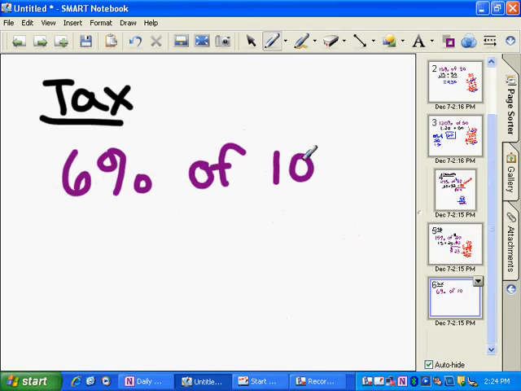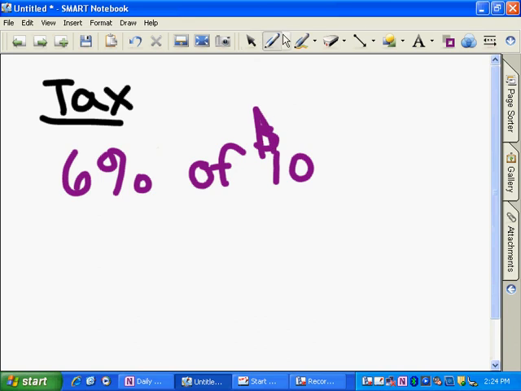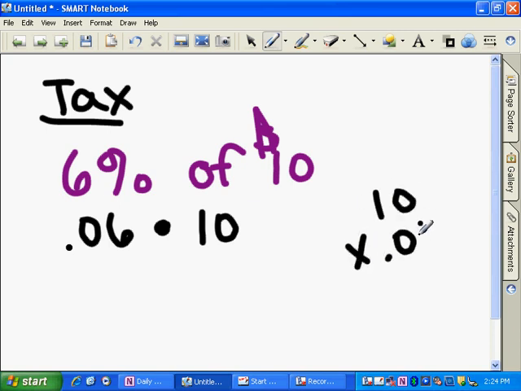And then there's tax. We all have to pay tax every time we go buy something at the store. So if you have to pay a 6% sales tax on something that costs you $10, you can figure out the tax by saying, okay, 6% is 0.06. Remember, we go 2 decimal places to the left to change a percent to a decimal. "Of" means to multiply 10. So I'm going to multiply over here.